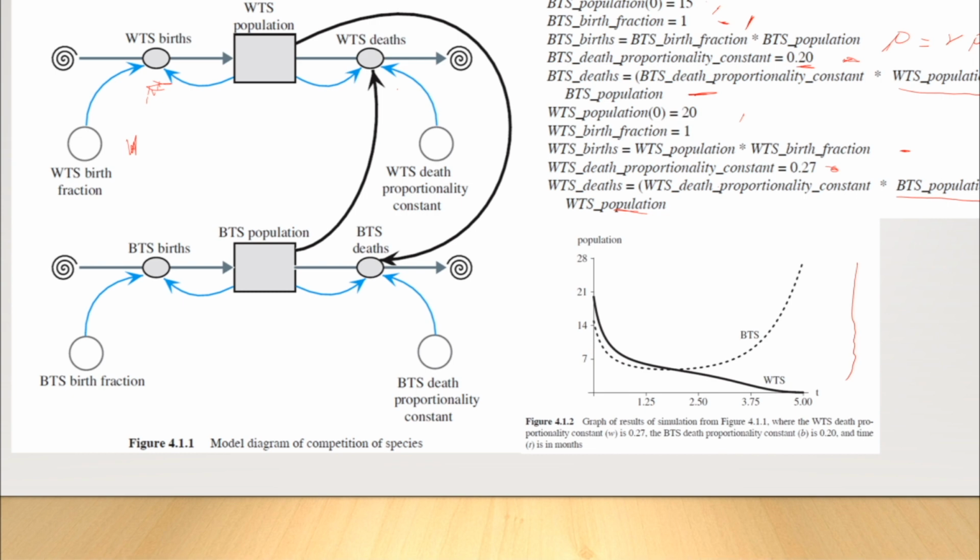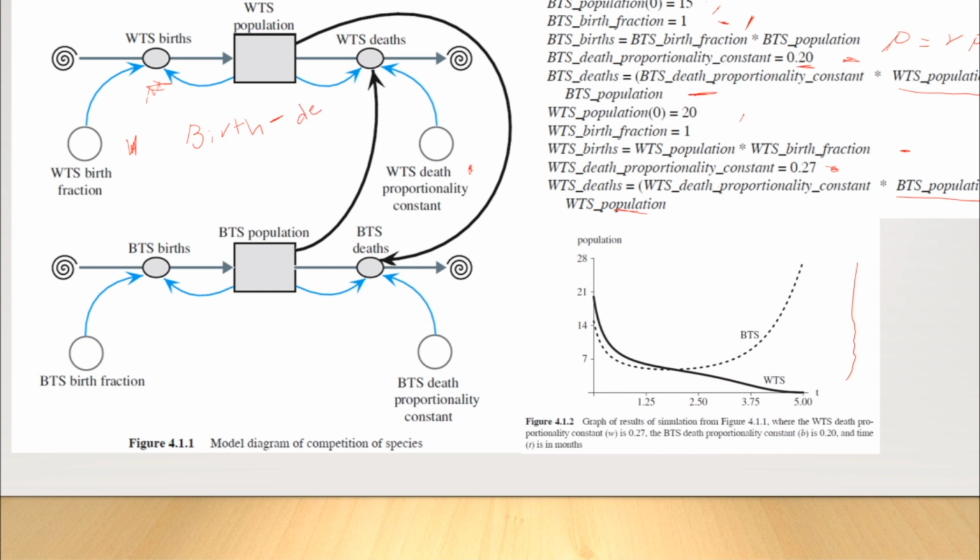Right, so the death proportionality constant matters to the number of deaths, right? So the difference between these two is births minus deaths.